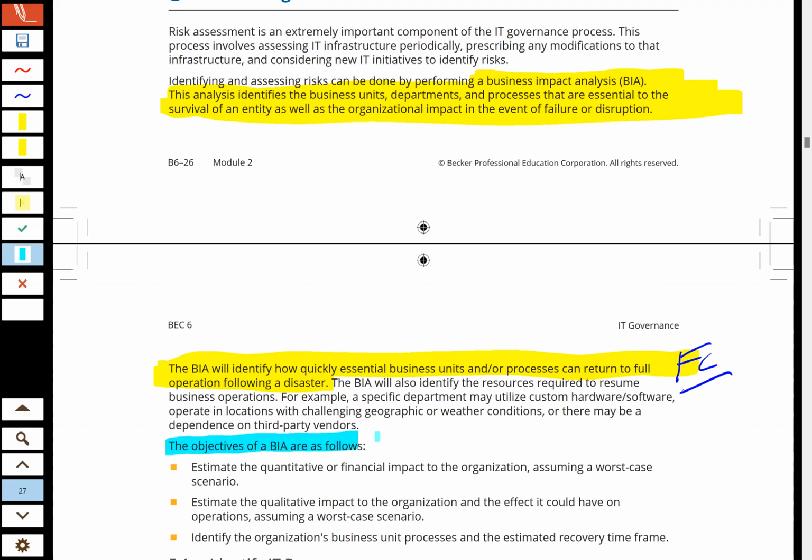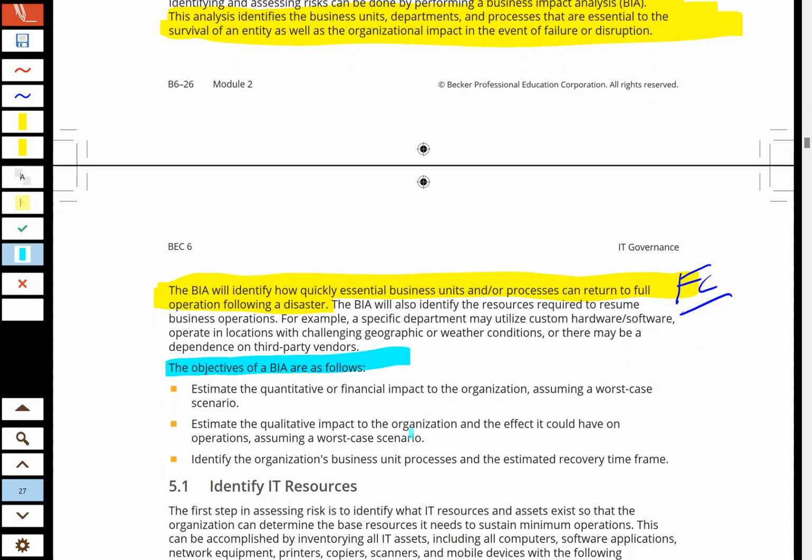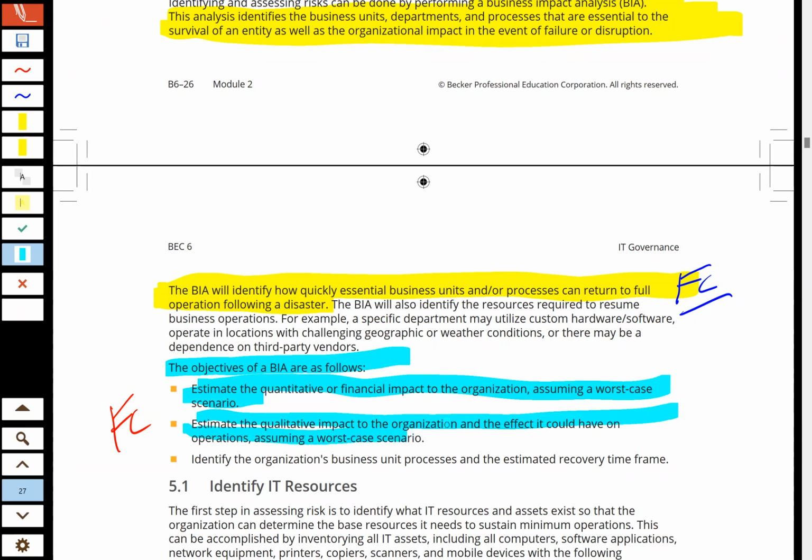So the objectives of the BIA are as follows, and let's just go ahead and flashcard the objectives: to estimate the quantitative financial impact on the organization, assuming a worst case scenario; estimate the qualitative impact, considering that worst case scenario; and then identify the organization, business units, and processes, and estimated recovery timeframes. So, right, when that bad thing happens, then we are in position to quickly address that.